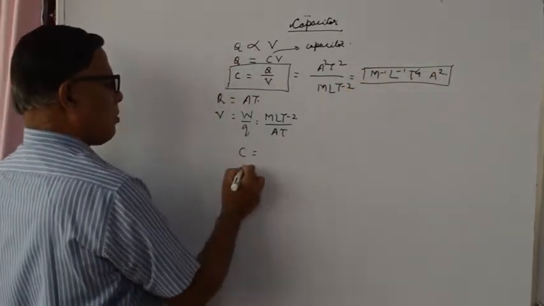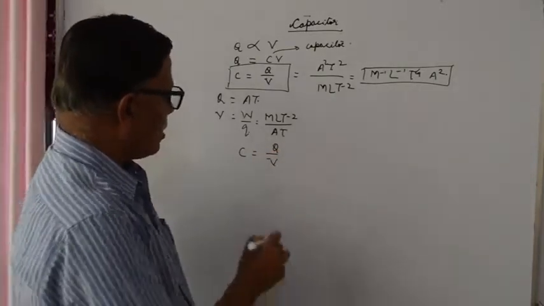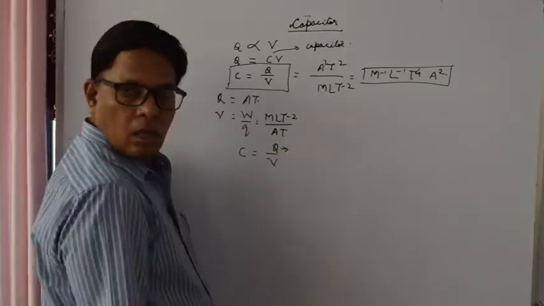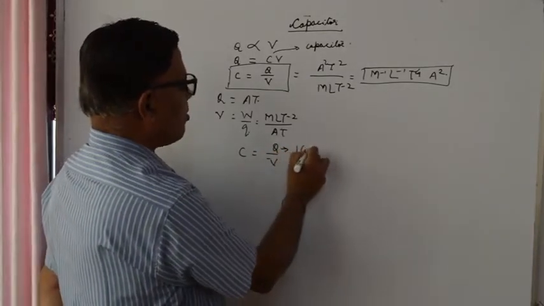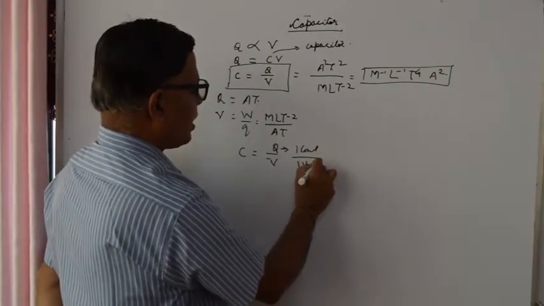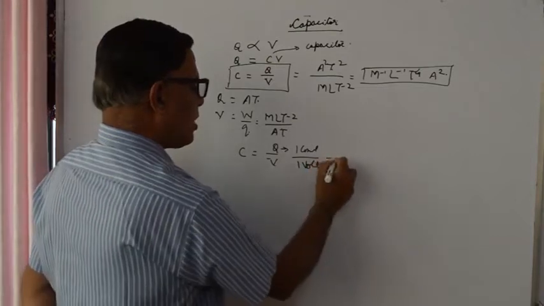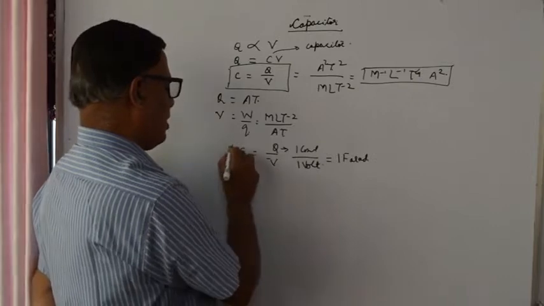About the units, C is equal to Q upon V, where Q is charge and V is the potential. So if 1 coulomb of charge is given to a conductor at the potential of 1 volt, its capacity is defined to be 1 farad. Farad is a large unit of capacity.